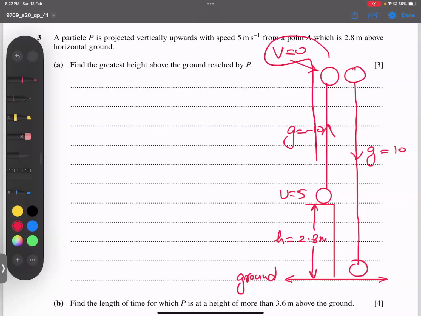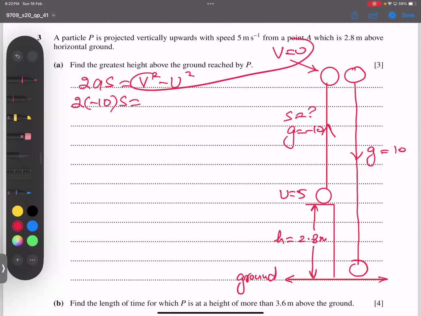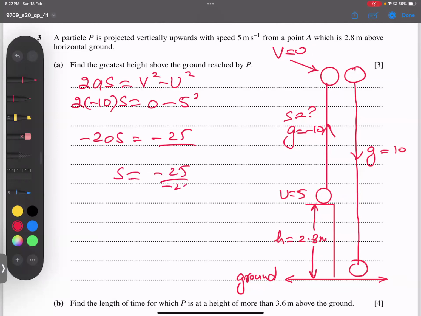I have to use V, U, gravity, and S is my target, the height. So the third equation of motion helps: 2as equals v squared minus u squared. 2 times -10, s is the target, last speed at the peak is 0, starting speed is 5. This becomes -25 equals -20s, so s equals -25 divided by -20.